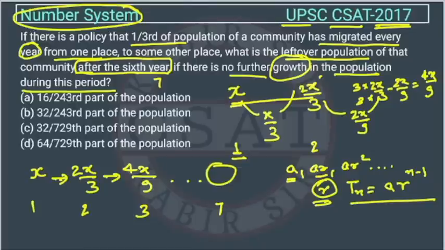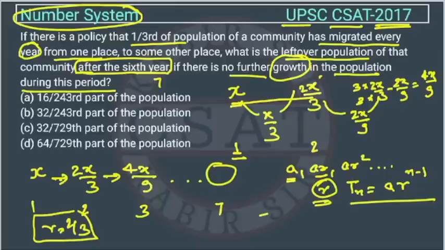So the same concept we will apply here. How do we know that this is a GP? You will see, if we divide 2x by 3 with x, we get r is 2 by 3. If you divide 4x by 9 with 2x upon 3, then also we get the same. So r is 2 by 3 here, right?